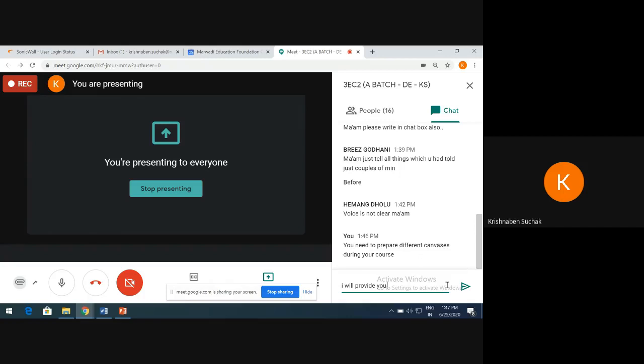I will provide you a format sheet for the canvases. You need to edit it and prepare the canvas of your own project.